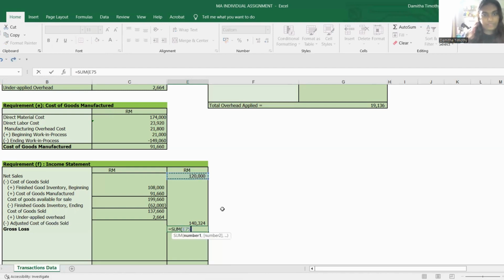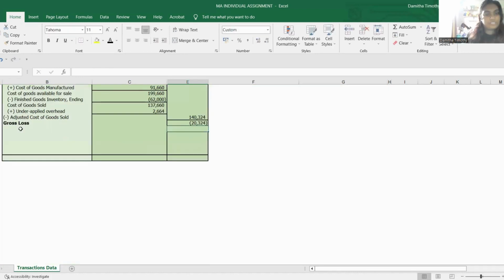So we will have to minus 120,000 with the value 140,324. So we will get the gross loss 20,324. And then we'll move to the operating expenses.